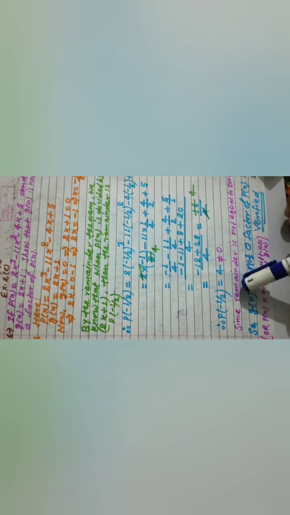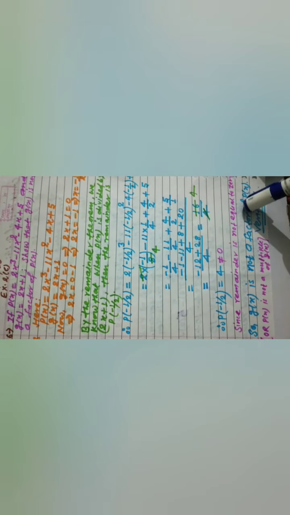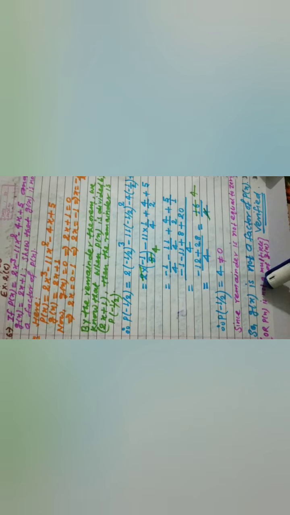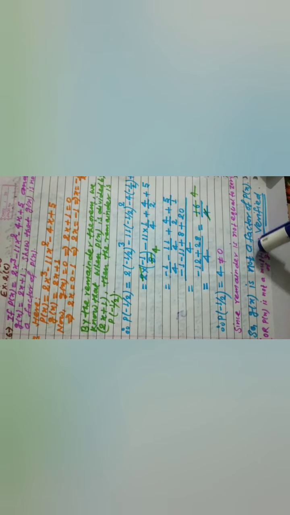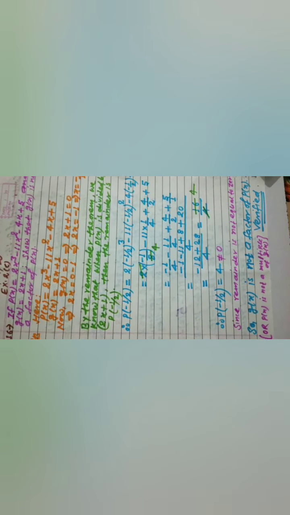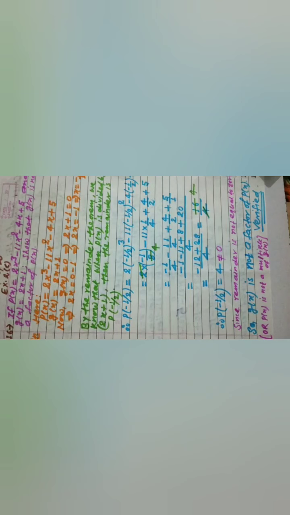So since the remainder is not equal to 0, gx is not a factor of the given polynomial px, hence it is verified. Or px is not a multiple of gx.